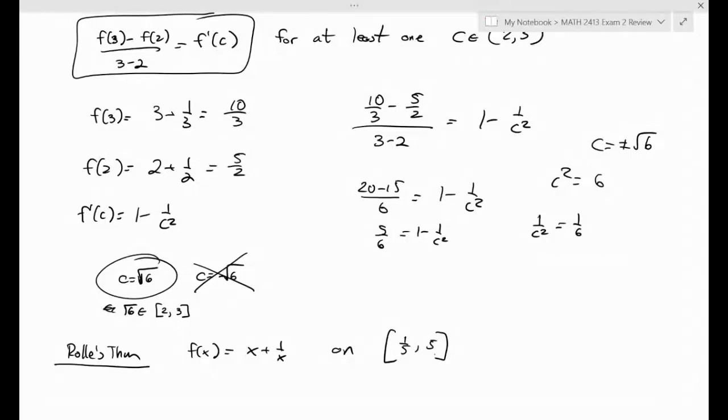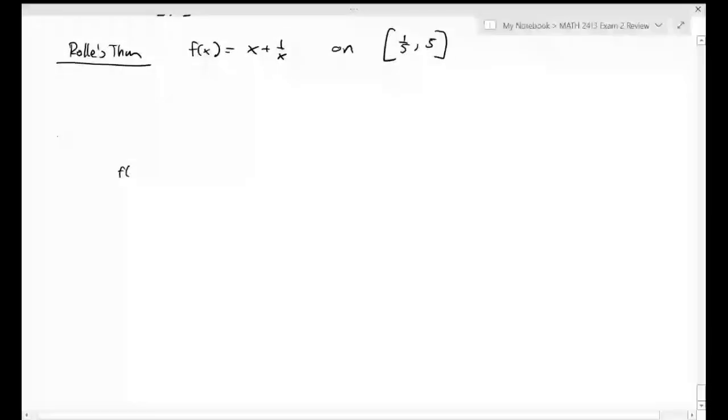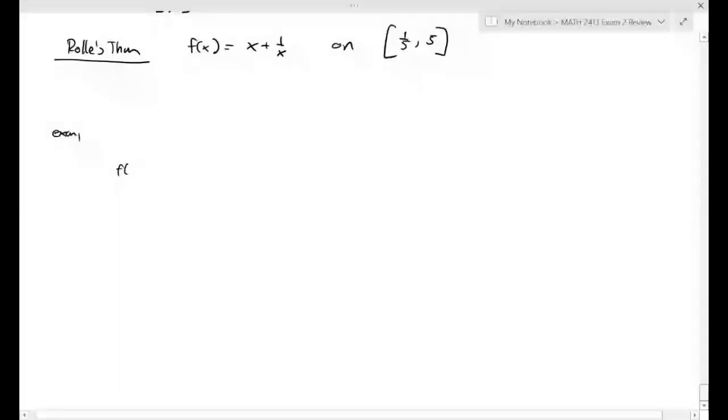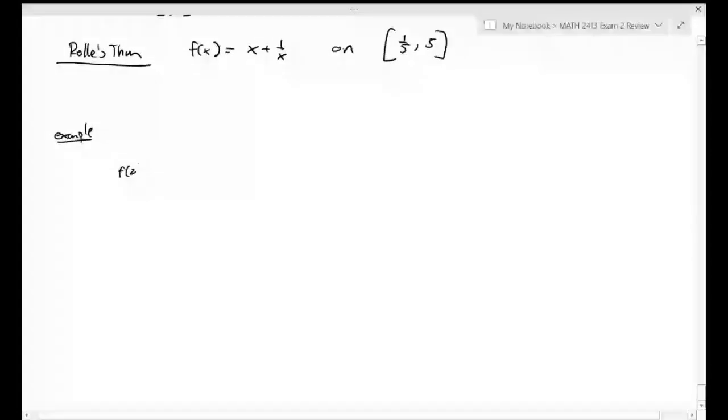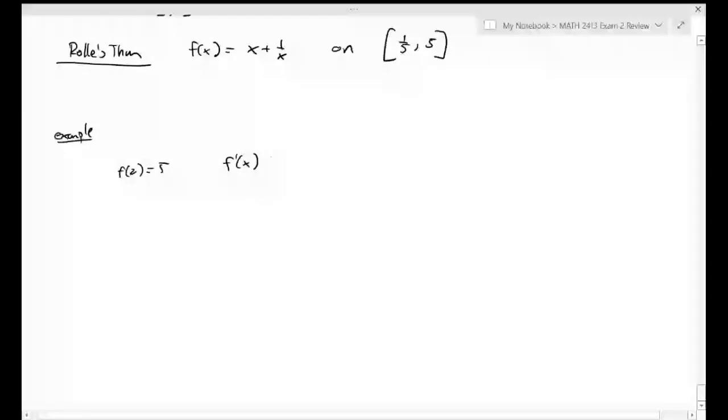maybe a more interesting use of the mean value theorem is inequalities. Did you have mean value theorem problems with inequalities on your homework? I think that's your class. No? So you didn't get questions like, just a quick example, I want to see if this is familiar. f of 2 is 5, and they tell you something like f prime at x is less than or equal to 1 for all x.